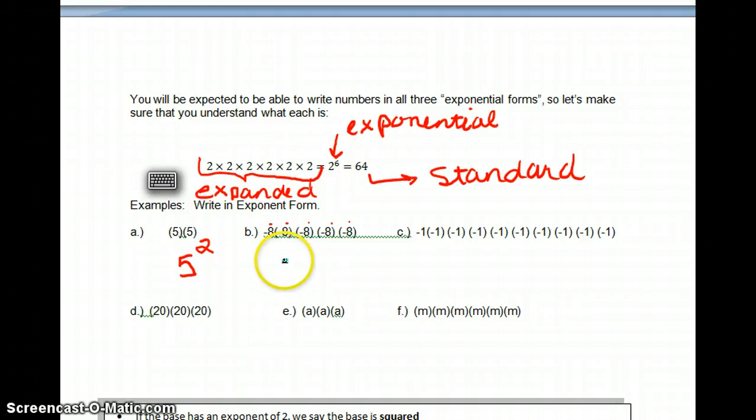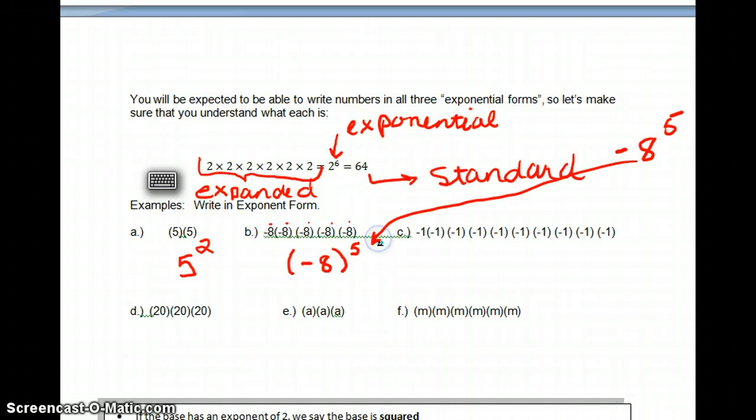Now, it is very important that when you have a negative base, you make sure that you put that negative base in parentheses so that you or your calculator or your viewer knows that it is the negative 8 that is the base, because this is not the same thing as that.